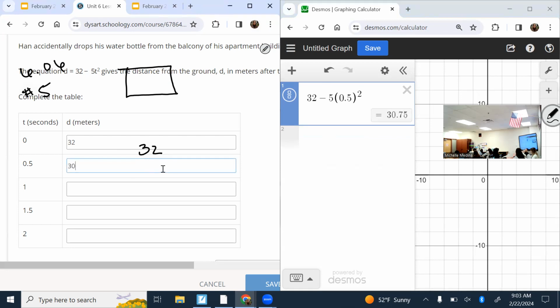Let the calculator do the hard work. And then just change the input. So when t is 1, the d is 27. When t is 1.5, d is 20.75.